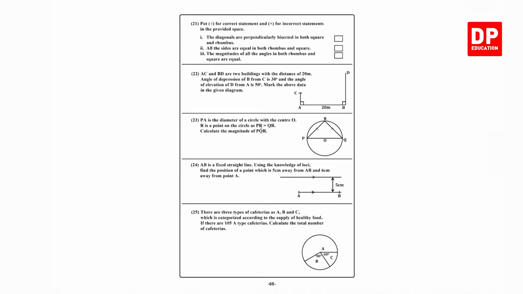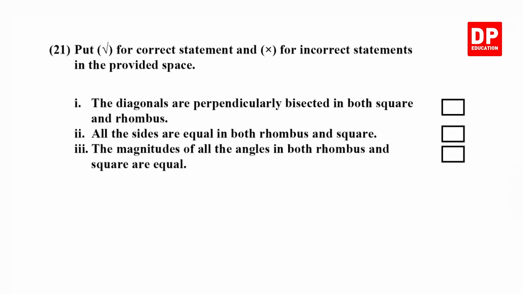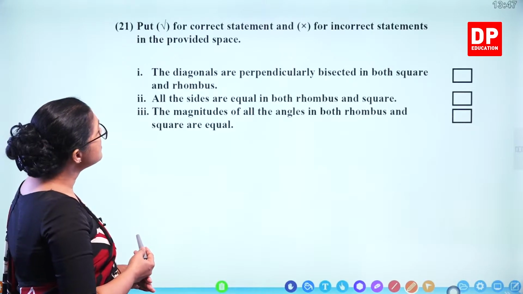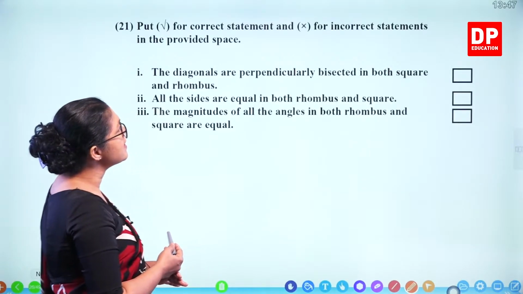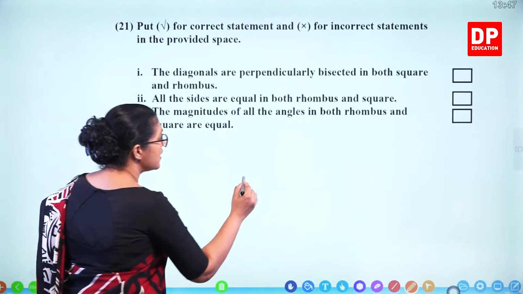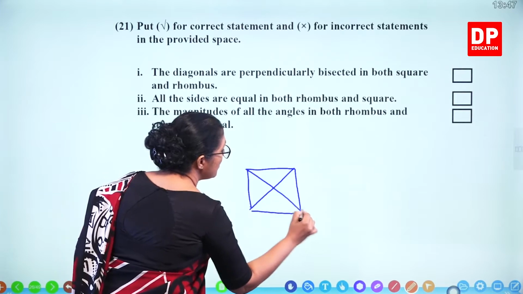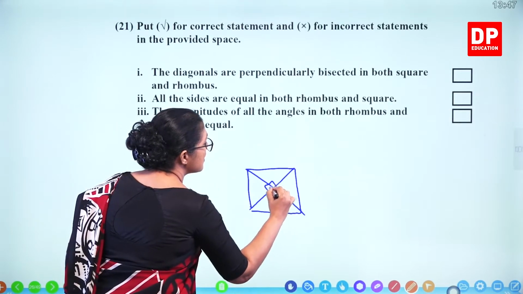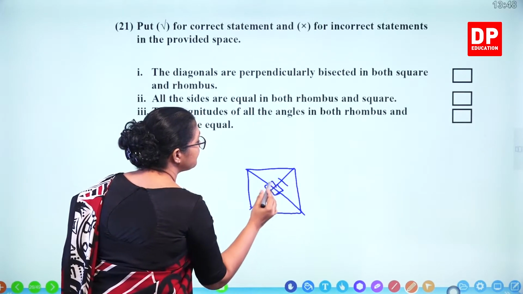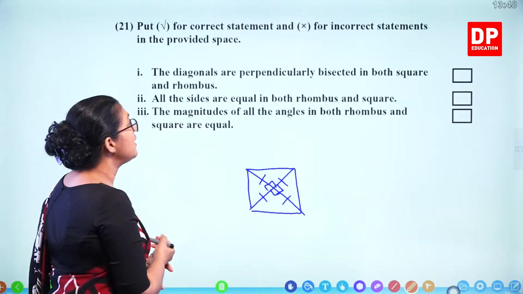Now you can try question number 21 to 25. Put correct sign for correct statements and wrong sign for incorrect statements in the provided space. The diagonals are perpendicularly bisected in both square and rhombus. That's true. When you take a square and when you draw the diagonals, this is bisecting perpendicularly.